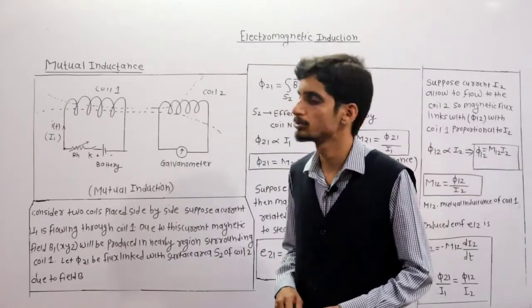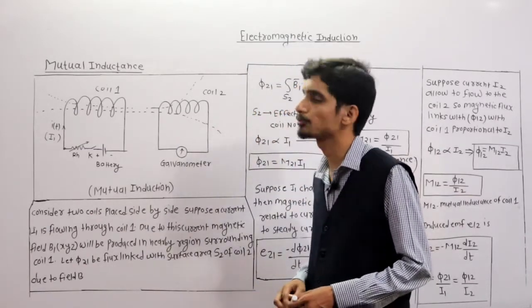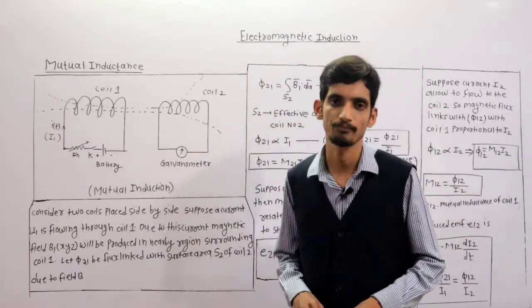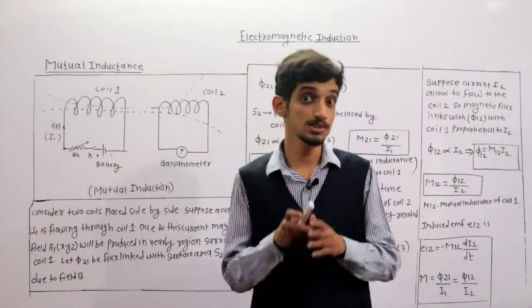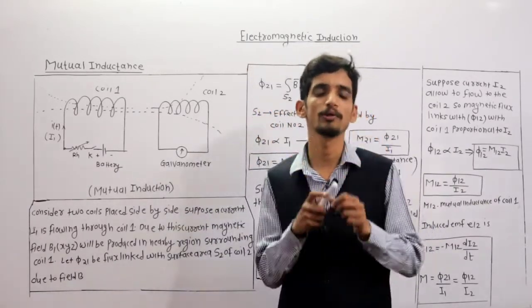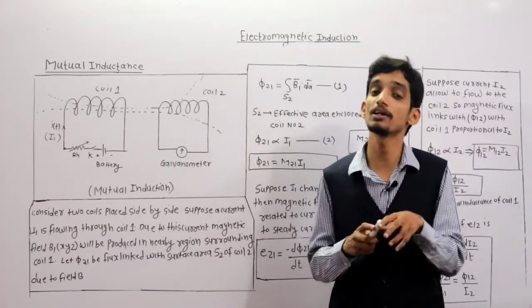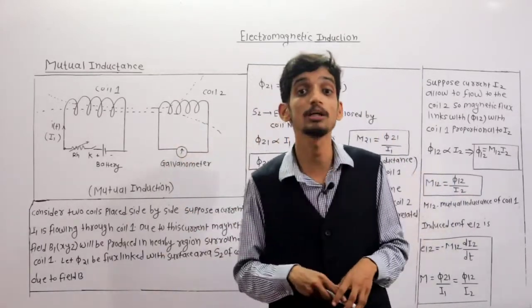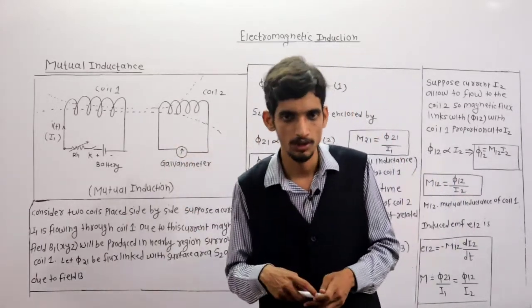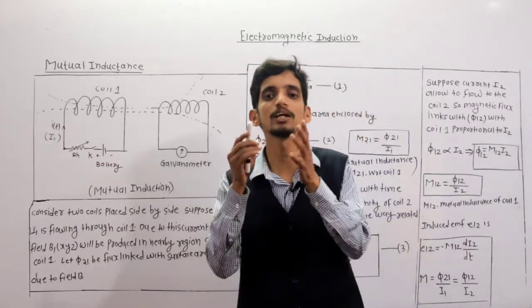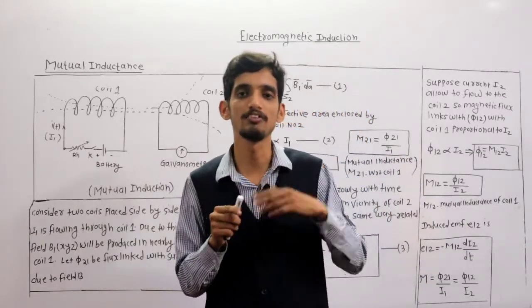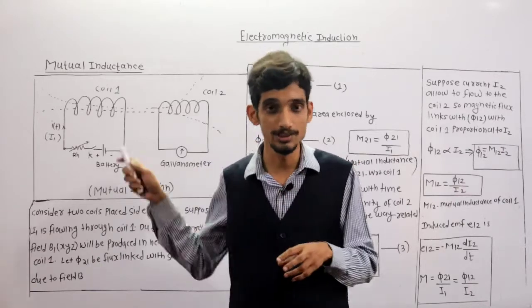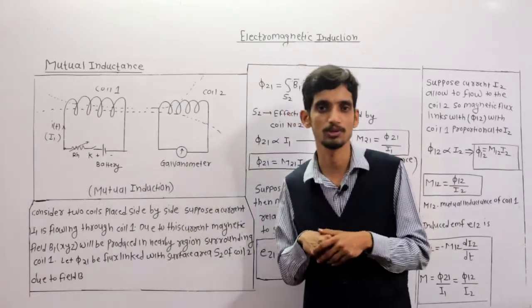Now we are going to start another subtopic, that is mutual inductance. This is an important topic from the exam point of view, and this topic also gains more weightage from the application side, because many applications in the electrical field are based on this mutual inductance concept.